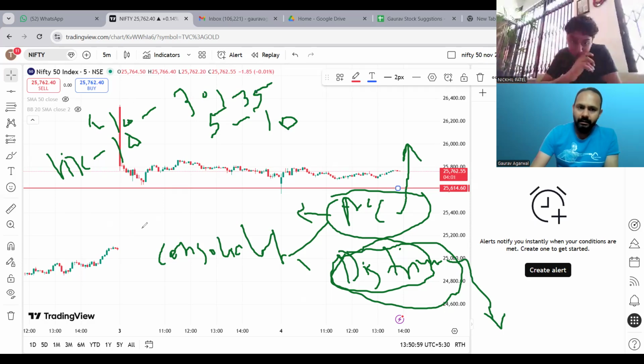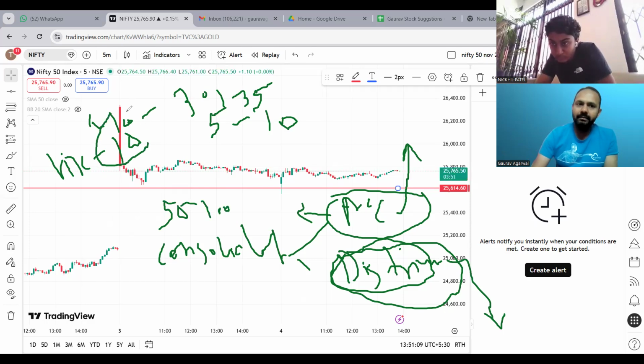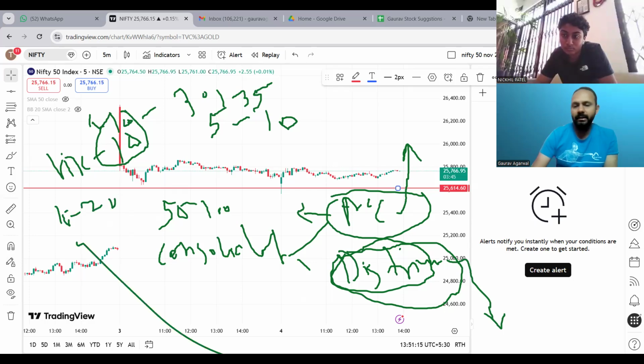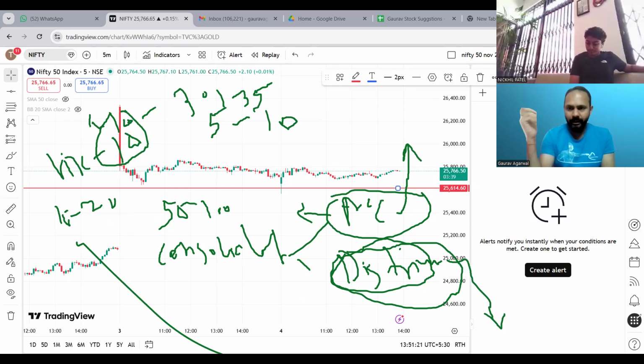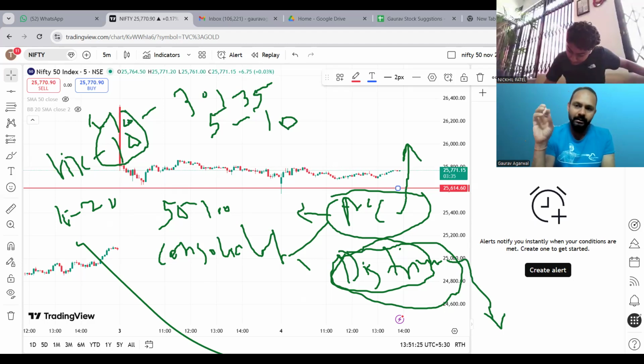That means the stock may try to move up and down very fast, maybe 50 to 100 points within 2 or 3 minutes. But if the VIX is low, the stock can move only 10 to 20 points within 5 or 10 minutes. So that is the meaning of volatility: the movement of time and price, the number of points, you can consider as the volatility movement.